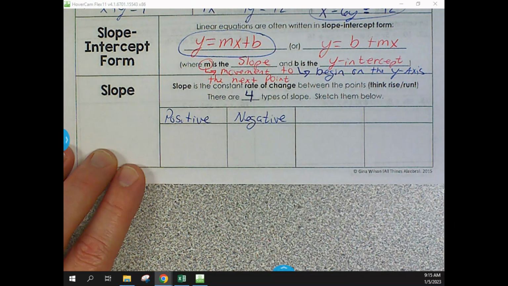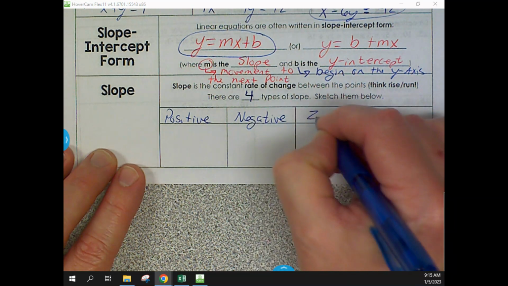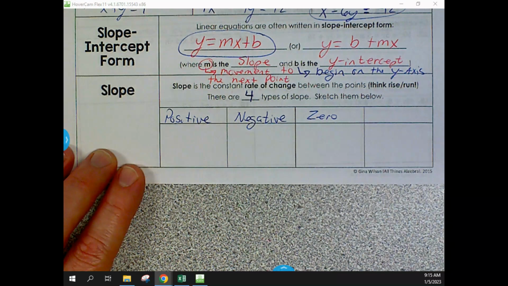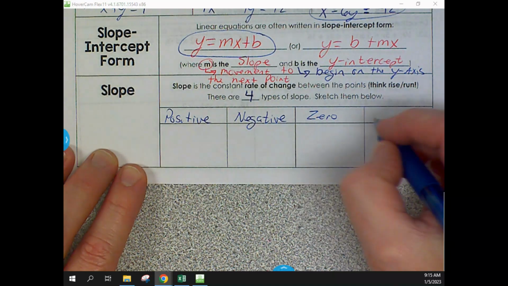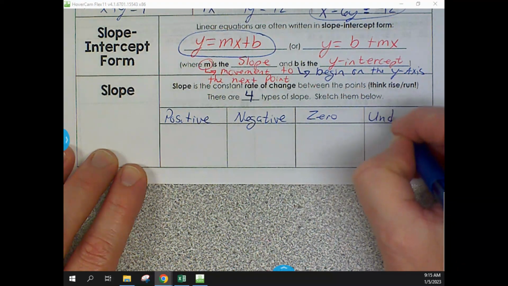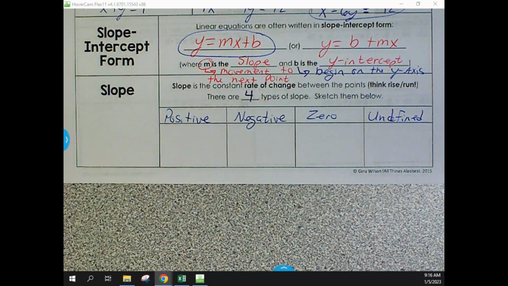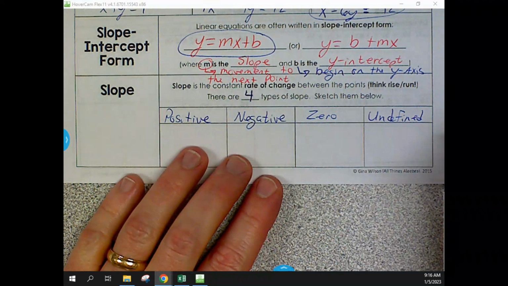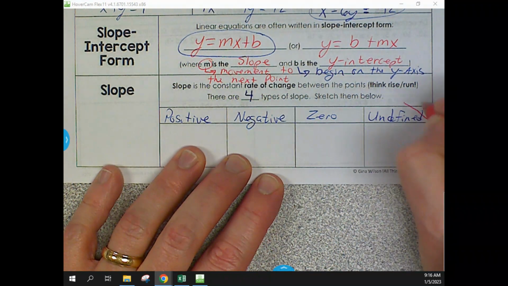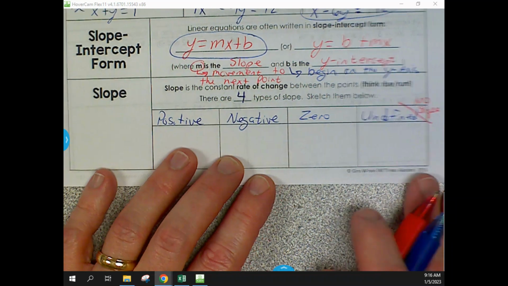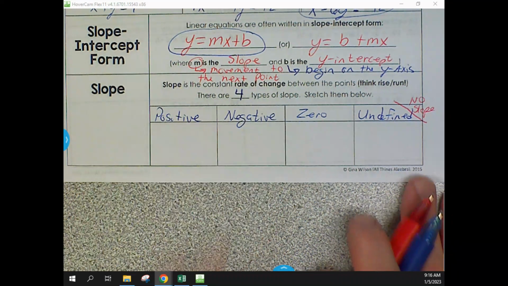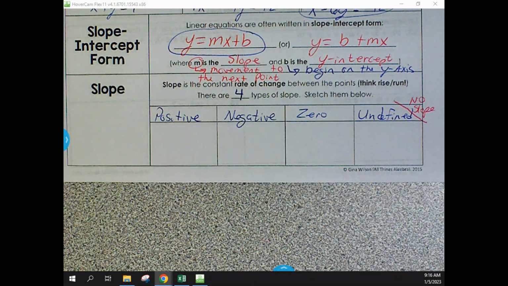You can have negative slope. You can have a zero slope. And depending on where it's written and how it's said, you can call it undefined. Some places will call that no slope. It just depends on the book and how they're looking at it.